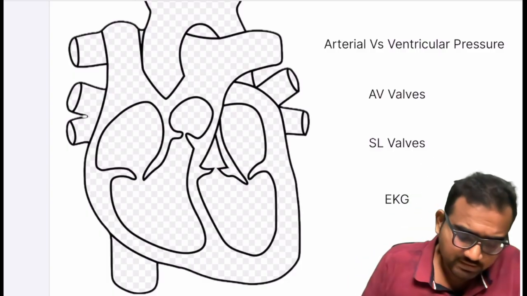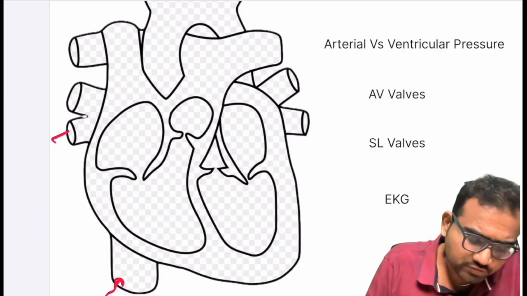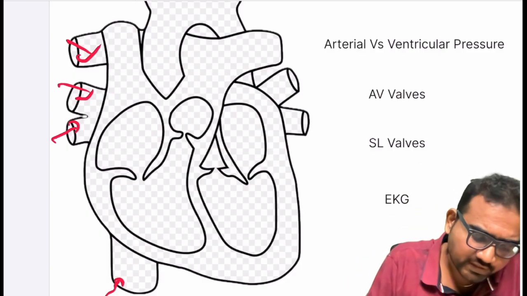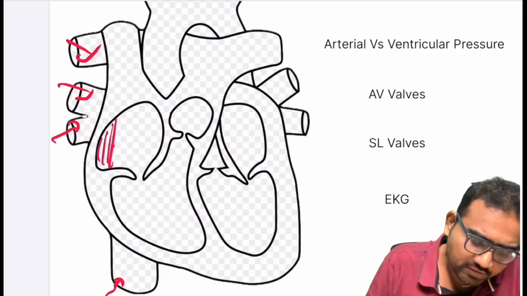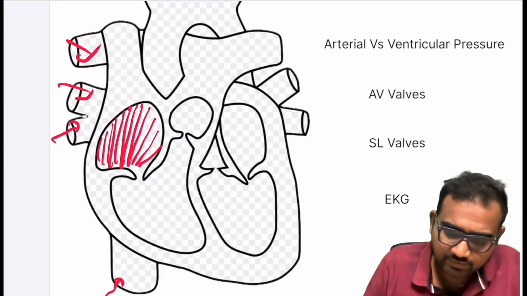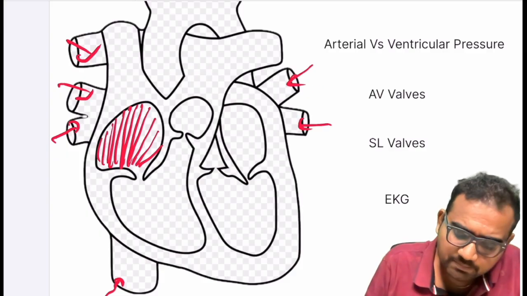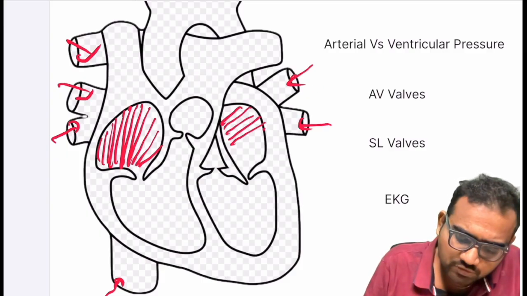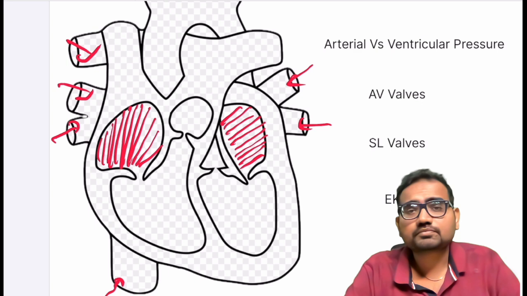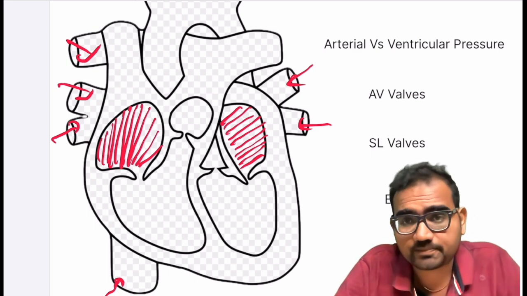The blood enters the superior vena cava and inferior vena cava, and there is an enormous amount of blood entering the right atrium, and the blood enters via the pulmonary veins. An enormous amount of blood is gathered in the left atrium.